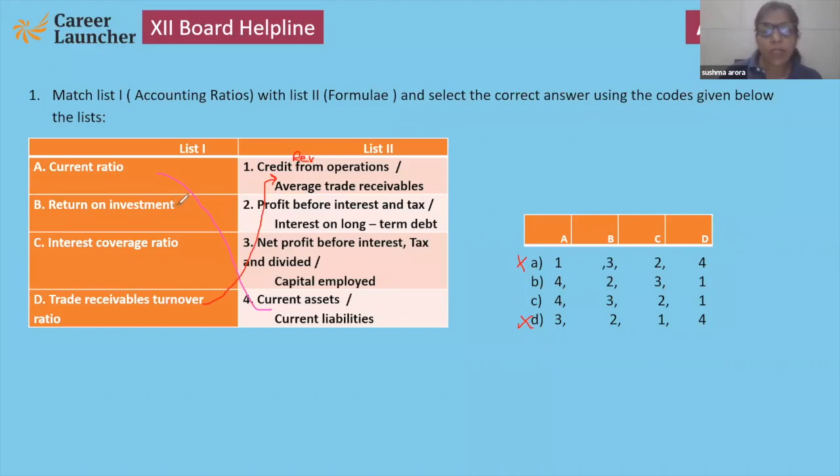Now you will think about return on investment. Return on investment will be related with net profit before interest and tax. So B will be 3. Clear? Now interest coverage ratio will be profit before interest and tax upon interest on long-term debt. So C will be 2.